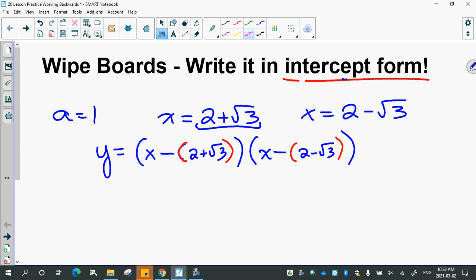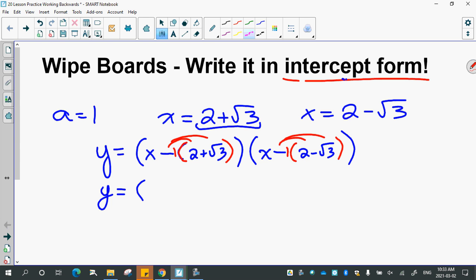But I can simplify that a little bit further. Not much, unless we put it into standard form, which is what our lesson's going to be about, going from this to standard form. But I can at least distribute the -1 in each, so that I don't have two sets of brackets.